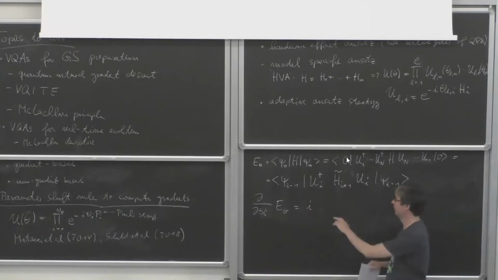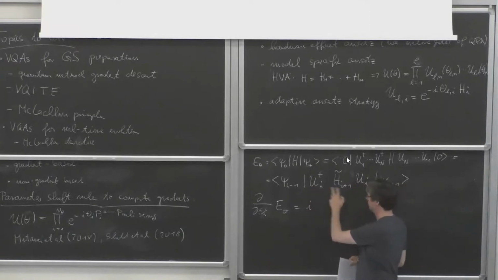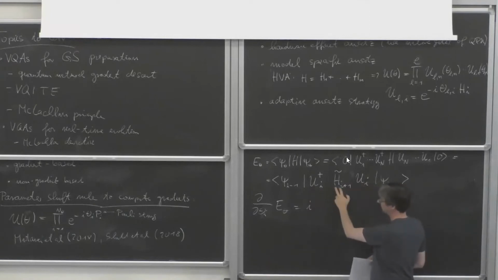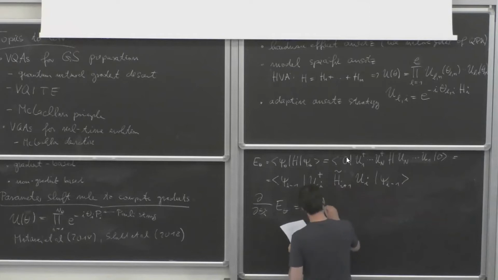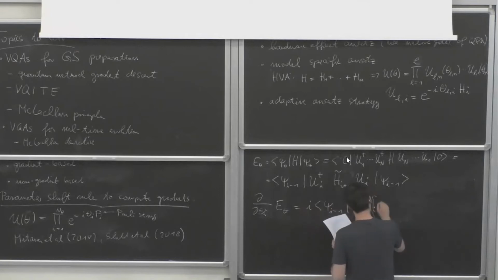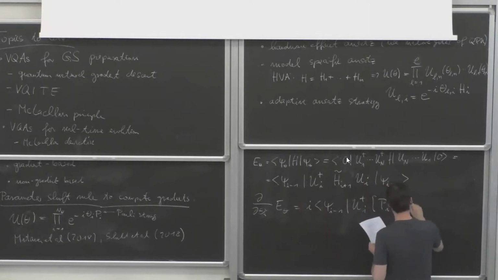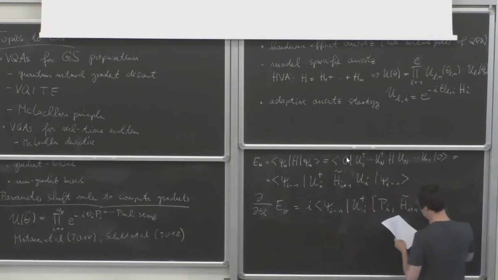I'm taking the derivative with respect to this, plus the derivative with respect to this. So this is i P_i times this, and this is minus i P_i on the other side. Allow me to skip to this. So this is the commutator of P_i with this transformed Hamiltonian.